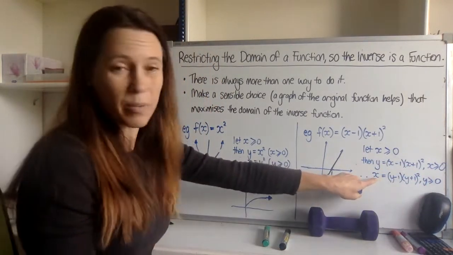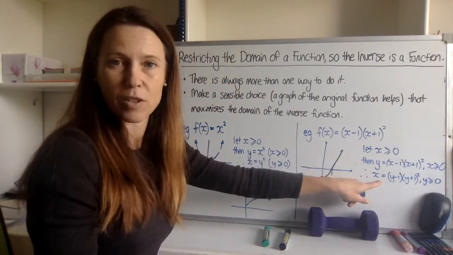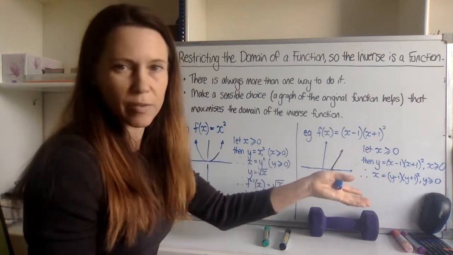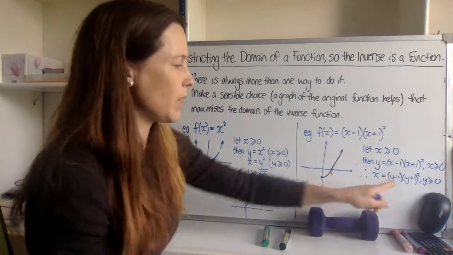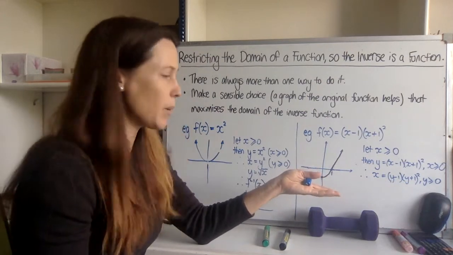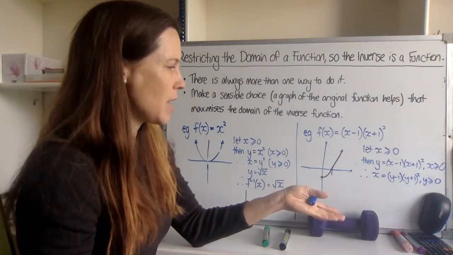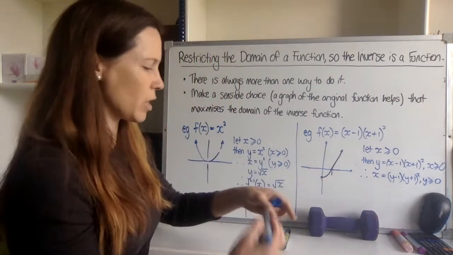And I can pretty well just stop there and say, look, this is actually now going to be a function. It's not in the form y equals something, but it's hard to get it in that form, so this is kind of a good place to stop, I suppose. It does define the new inverse function, and it does clearly show what the restrictions need to be.